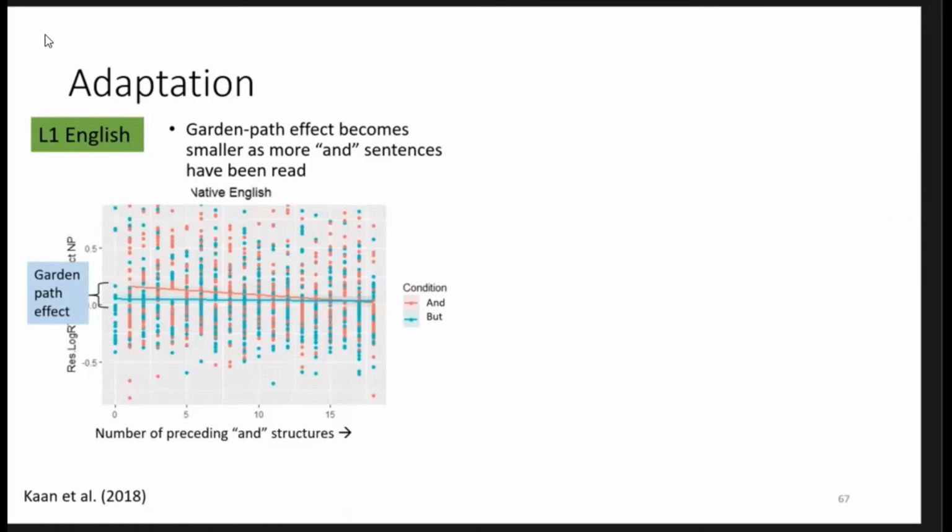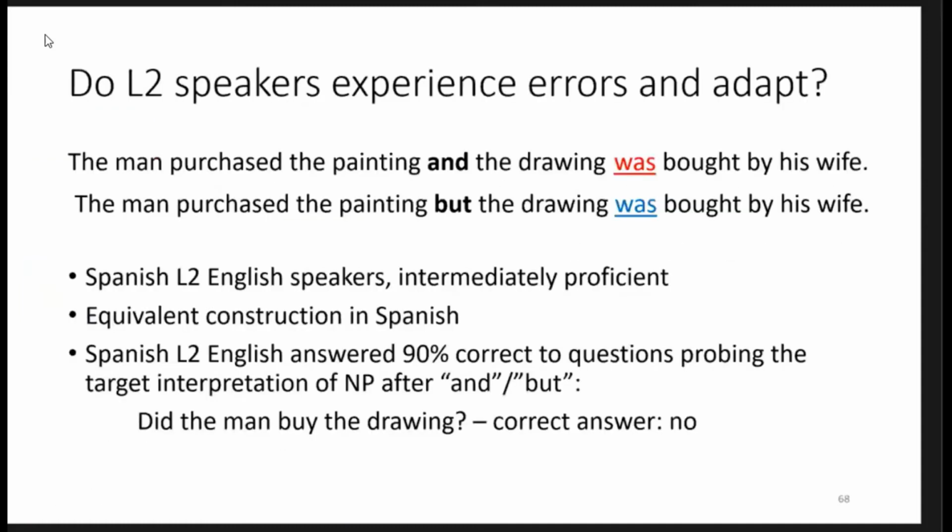First of all, whether they would elicit this garden path effect, and second, whether they also show an adaptation. I actually had expected adaptation to be larger in the L2 cases because of frequency effects. There's this thing called the inverse frequency effect, that you adapt quicker to things that are less frequent. So we had expected the adaptation to be even steeper in the L2 speakers. My L2 speakers were Spanish L2 speakers of English. They were Spanish majors in Valladolid.